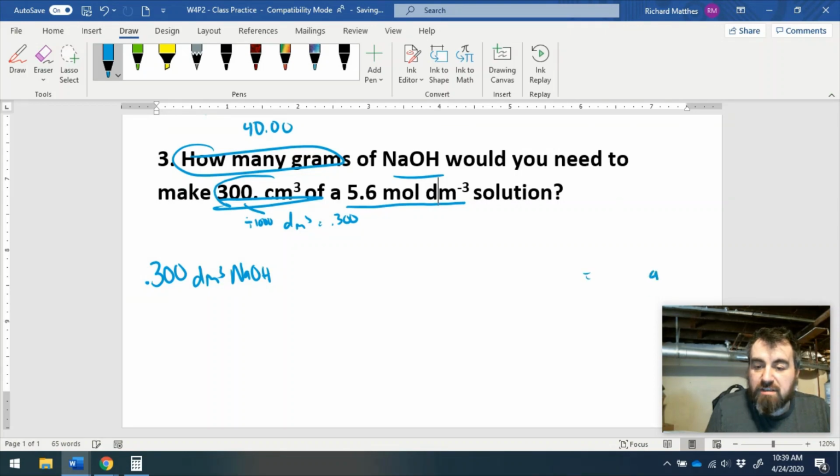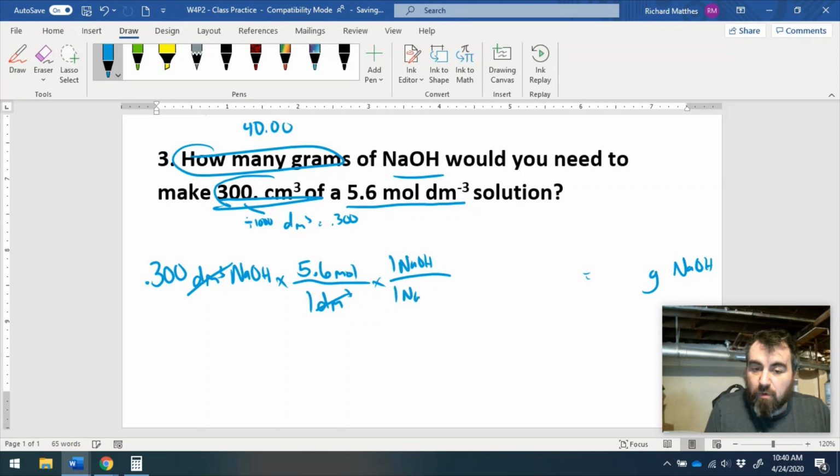And our goal is grams of NaOH. So we say times, we multiply by our concentration, 5.6 moles over 1 decimeter cubed. So that cancels that out. Now, as I said before, we have the mole ratio here. We can do it because we're leaving moles. But of course, the 1 NaOH over 1 NaOH just cancels out.